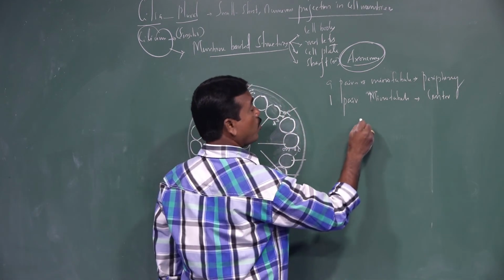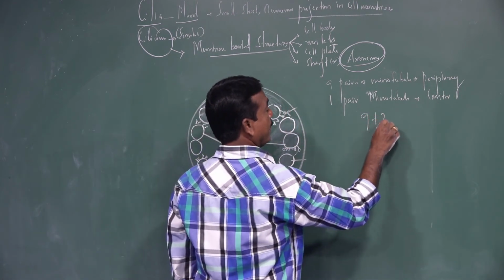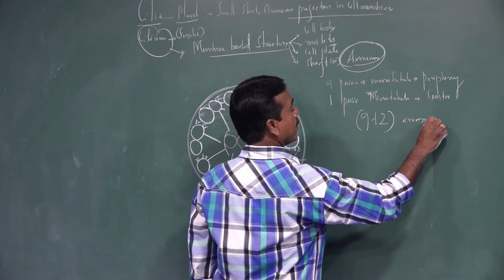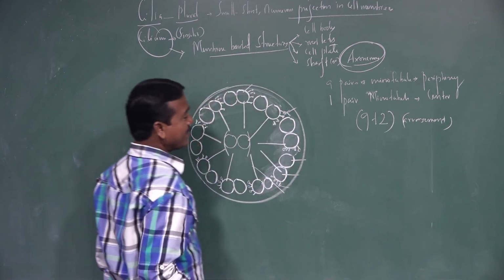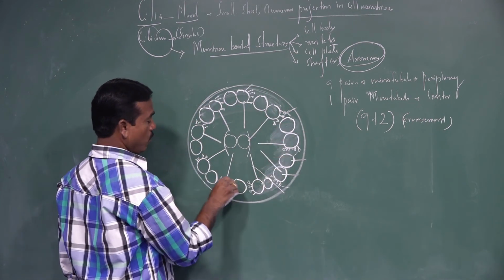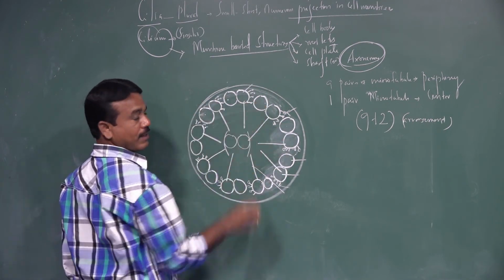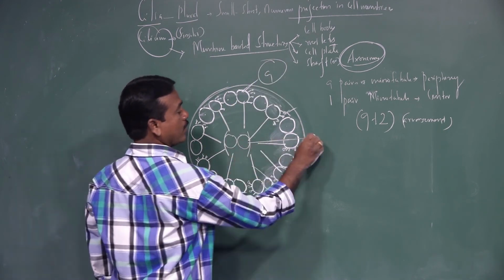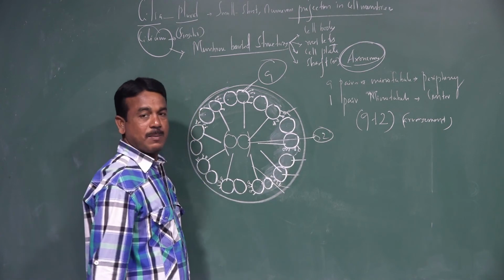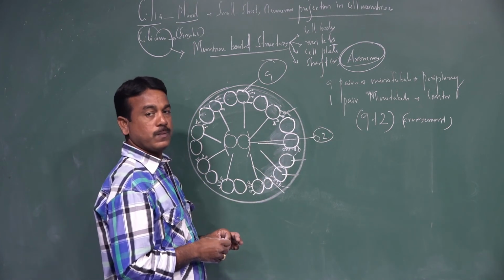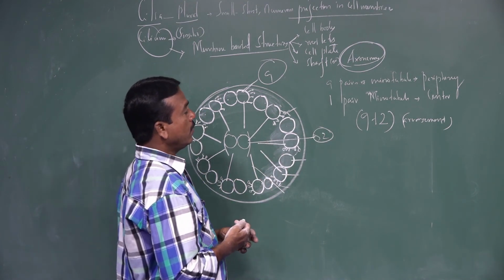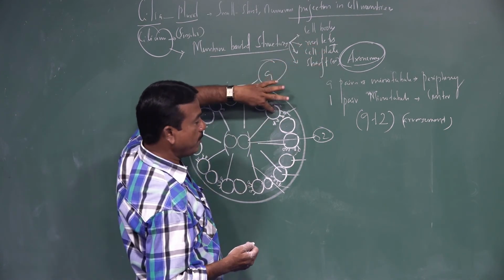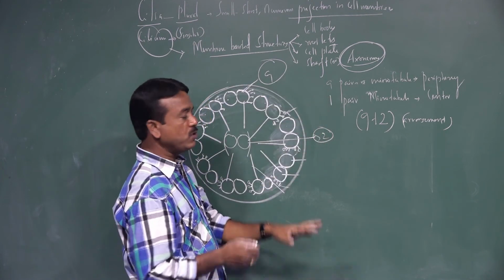That arrangement is commonly called the 9+2 arrangement. So 1, 2, 3, 4, 5, 6, 7, 8, 9 are the 9 pairs, and these are the 1 pair, called 2. So the arrangement is 9+2.